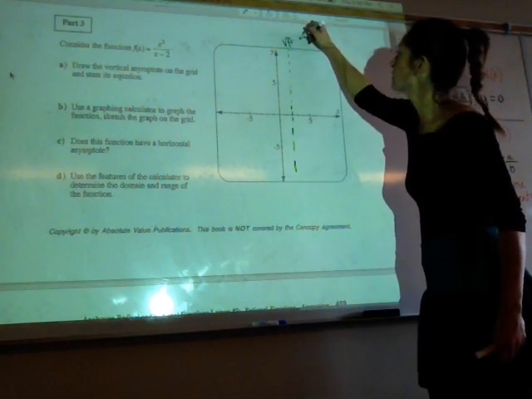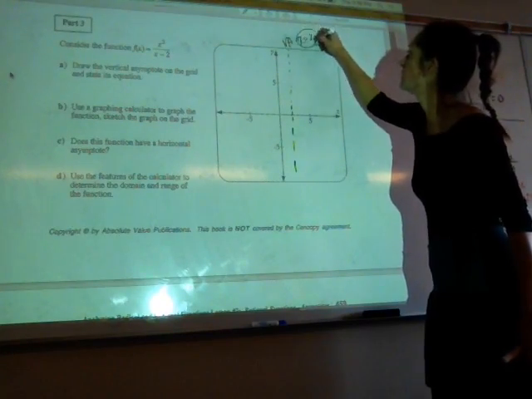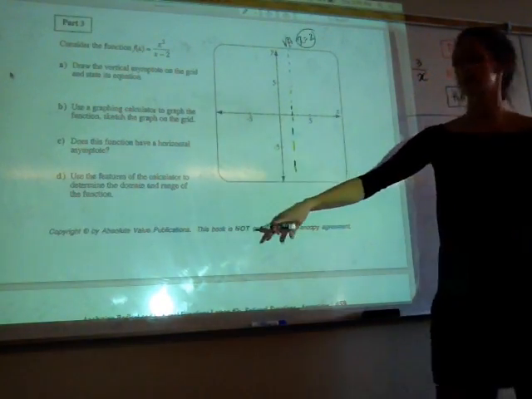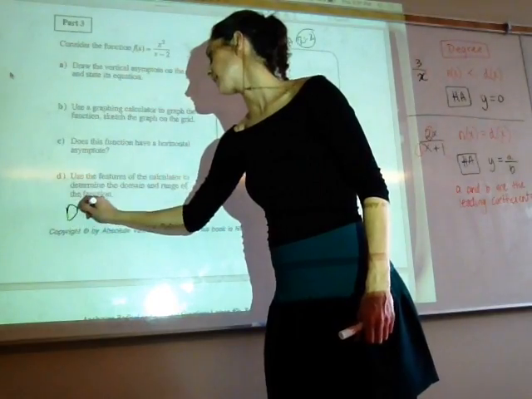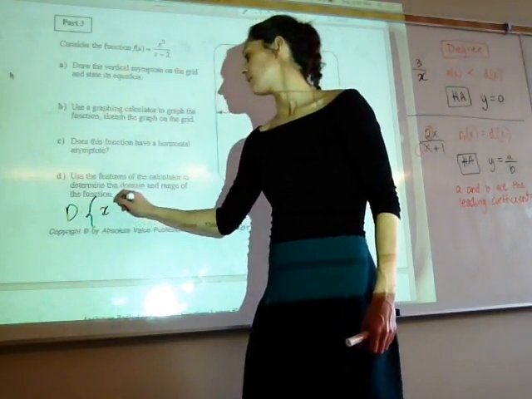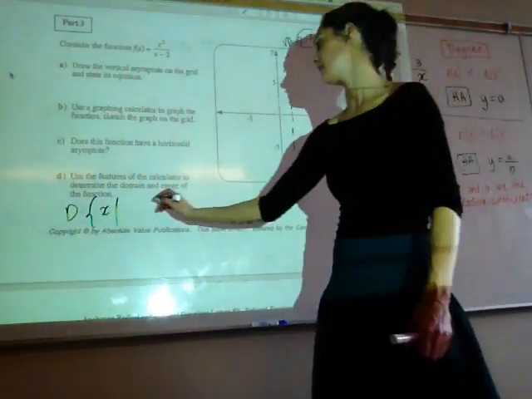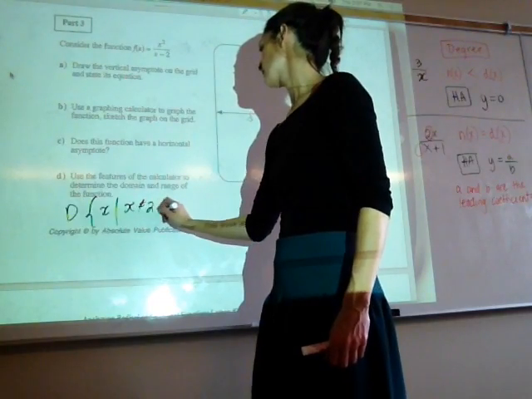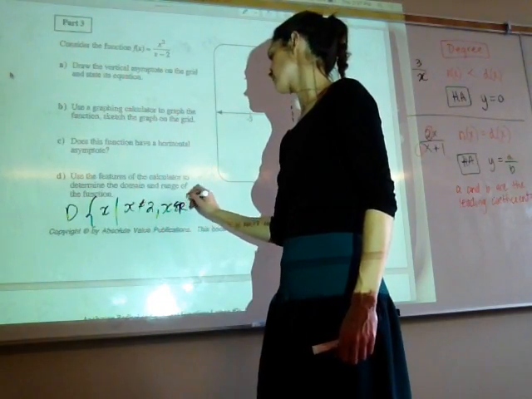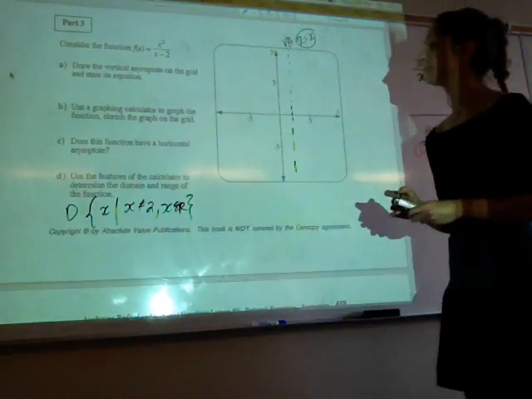Okay, vertical asymptote is x equals 2. The graph will never touch that. Let's just jump to part D. What's your domain? x cannot equal 2, and we have a set of real numbers outside of that.